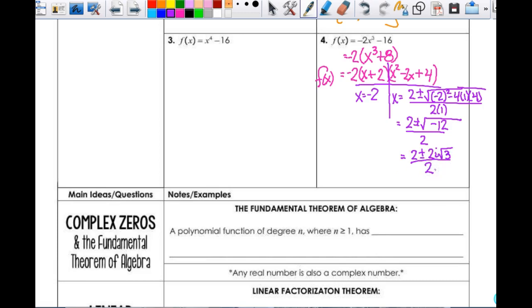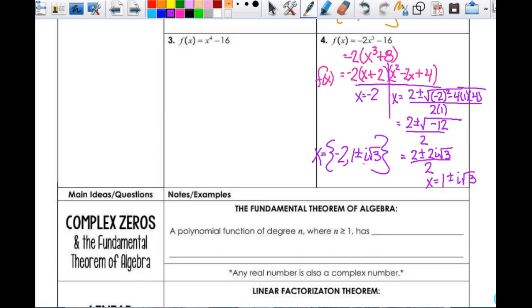Yes, so now I can cancel the 2's out. So does that just leave me with I times the square root of 3? No. This doesn't cancel out and completely go away, right? I still have 1 plus or minus I times the square root of 3. So my zeros in the end then are negative 2 and 1 plus or minus I times the square root of 3.